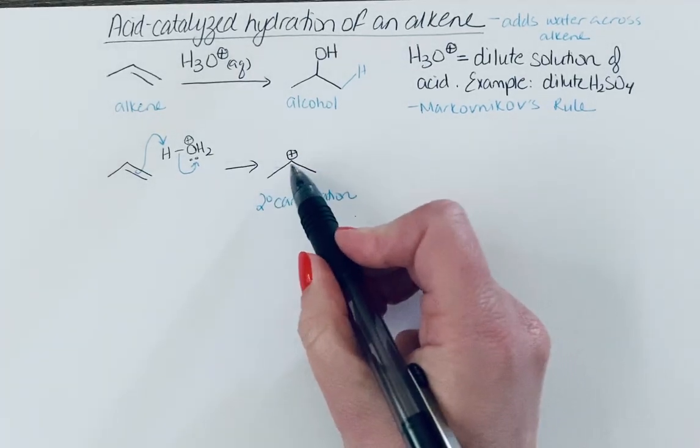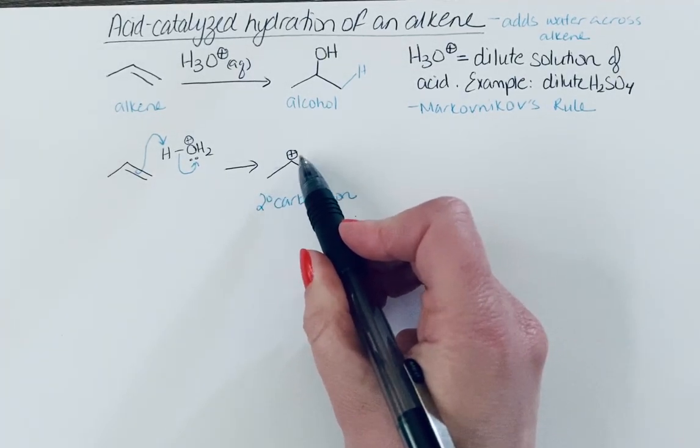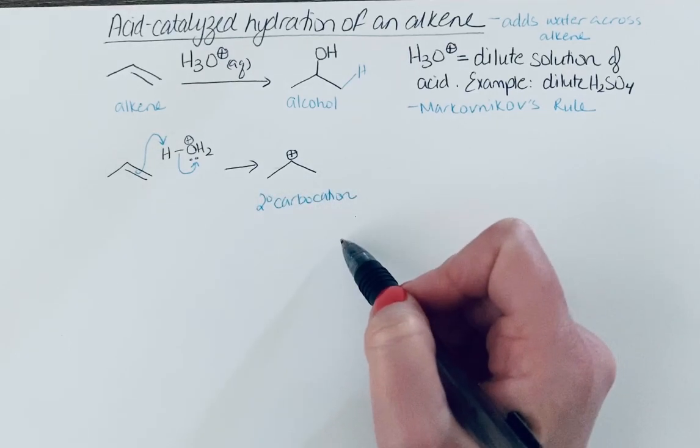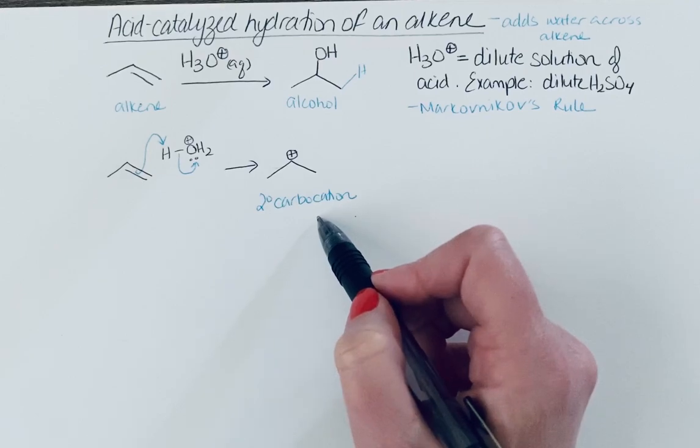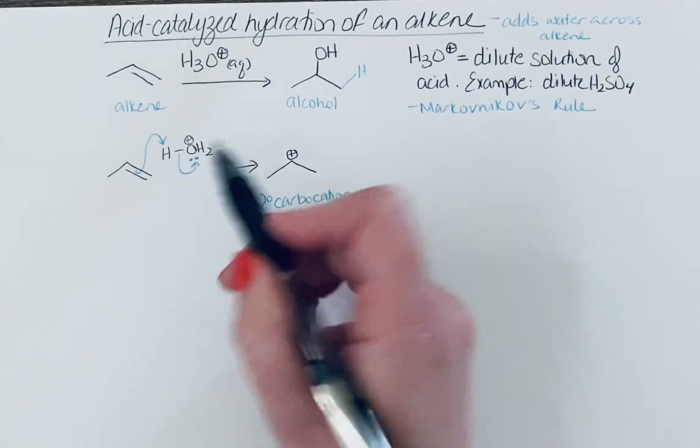After you form that secondary carbocation, there's no way for this to rearrange and become more stable, so it doesn't. The nucleophile then at this point will attack, and the nucleophile will be the water.